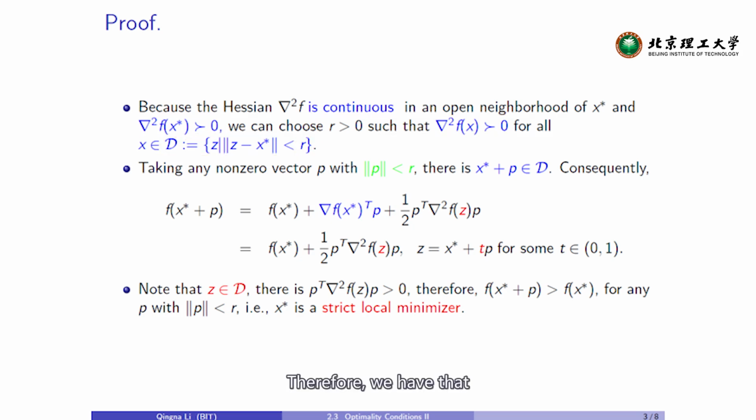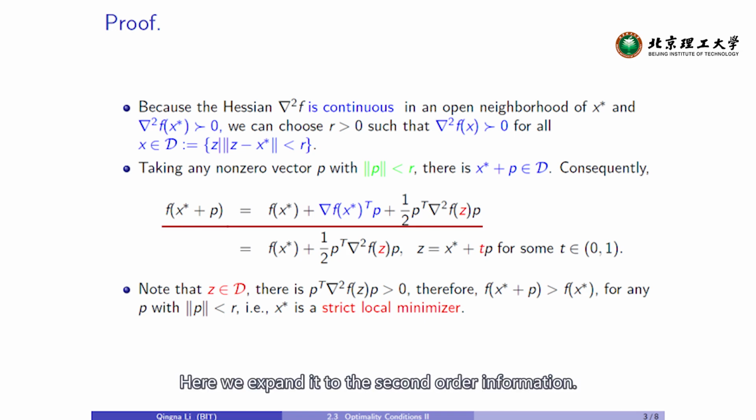Therefore, if we do Taylor's expansion of function F at X star plus P, then we have three terms here. Here we expand it to the second order information, all right?